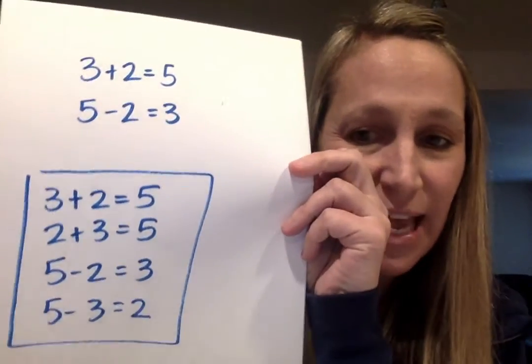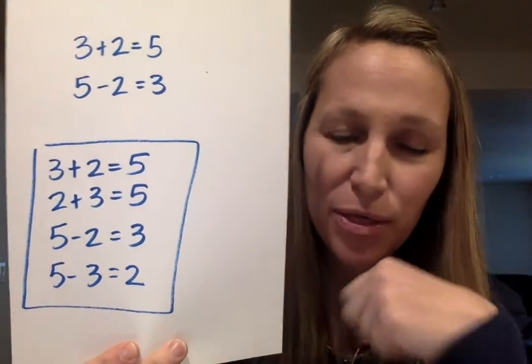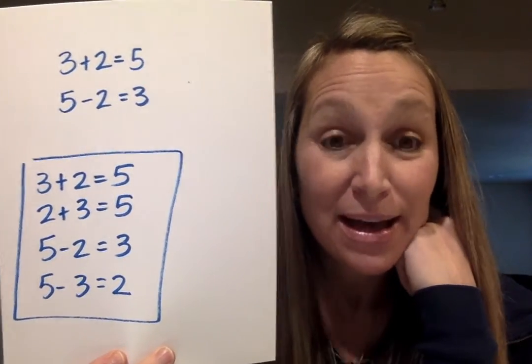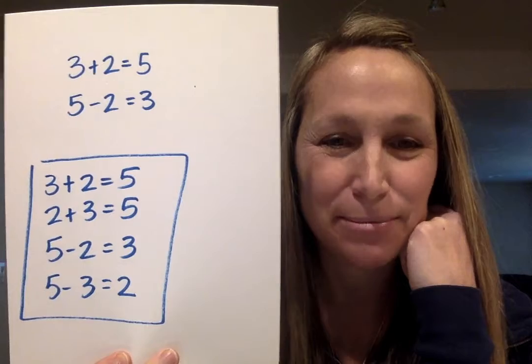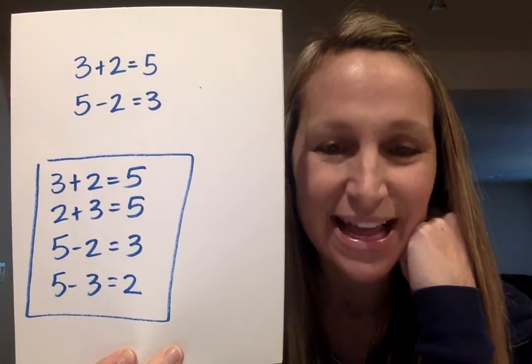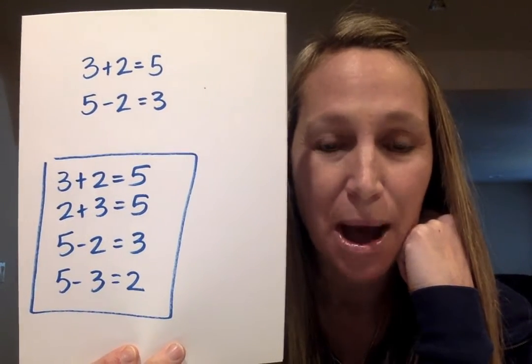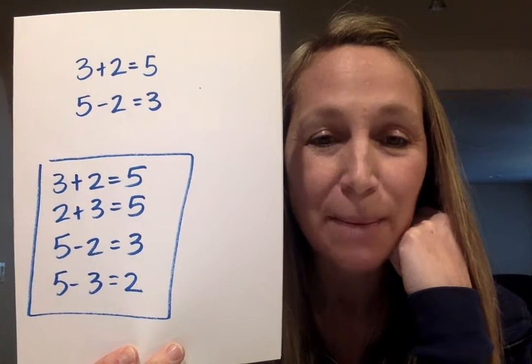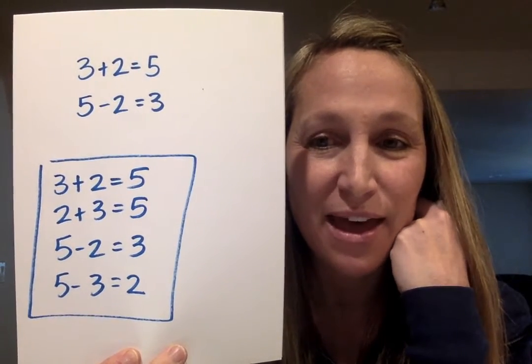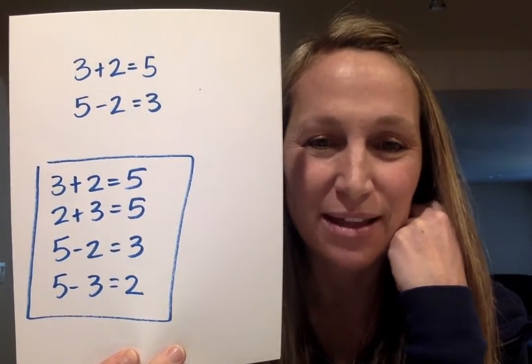We're using the same three numbers throughout both the addition problems and both the subtraction problems. So we related the addition and subtraction. We've talked about how addition and subtraction are opposite of each other and that they can undo each other and that they're related. So today's lesson, we're going to relate addition and subtraction of numbers that are in tens.